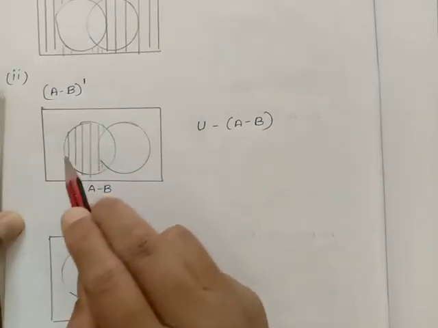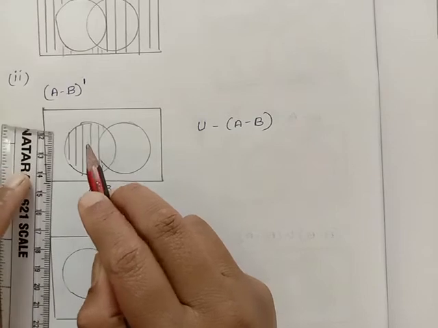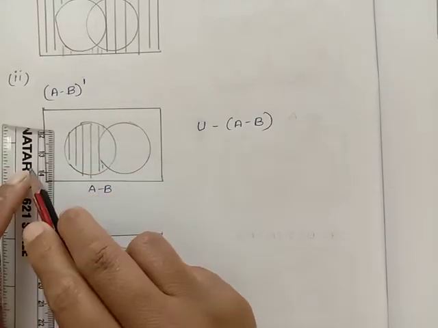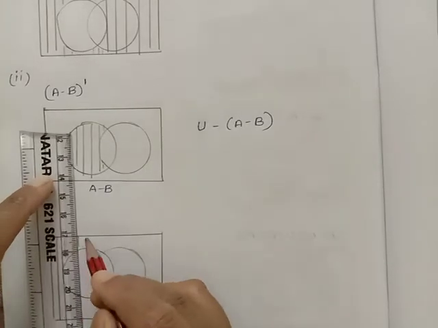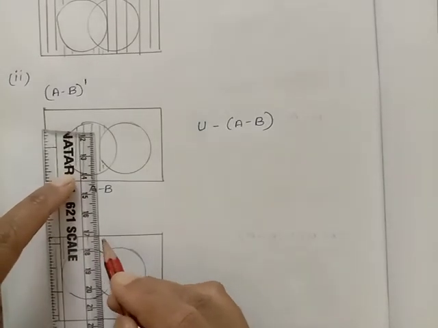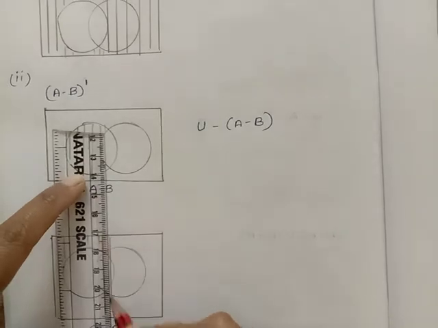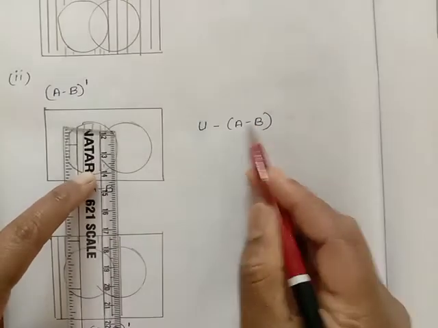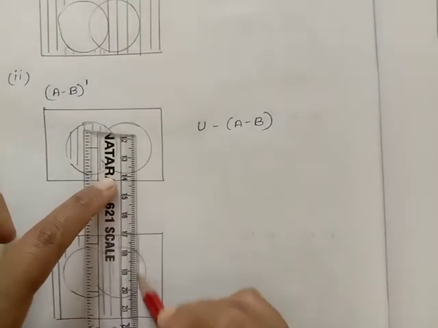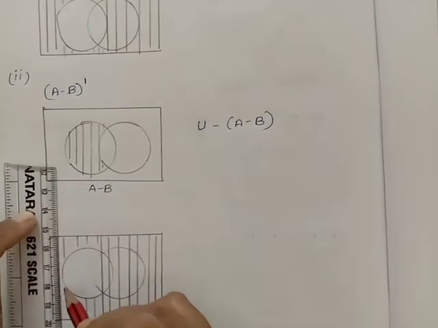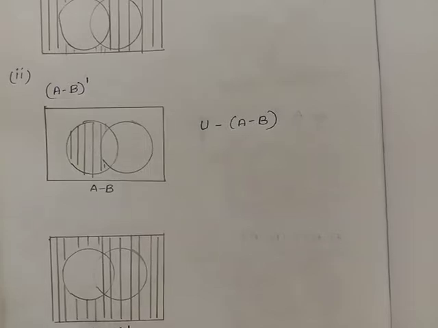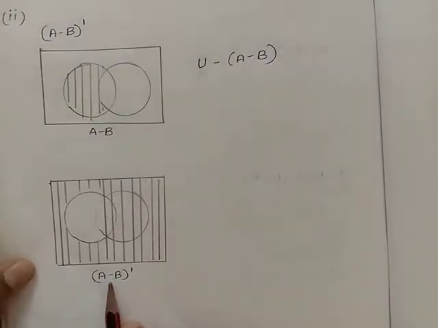This portion I don't want, so I'm going to omit it, and remaining everything we are going to cover. Omitting A minus B, we cover all the remaining portions. So this is A minus B whole dash.